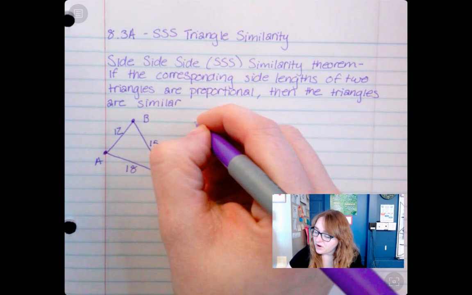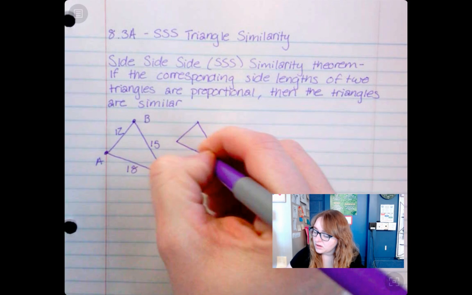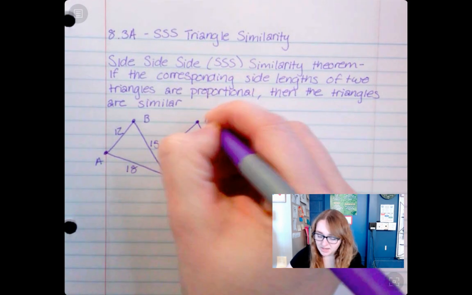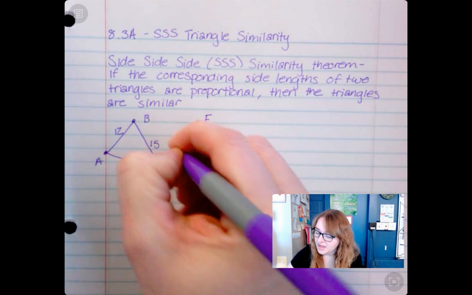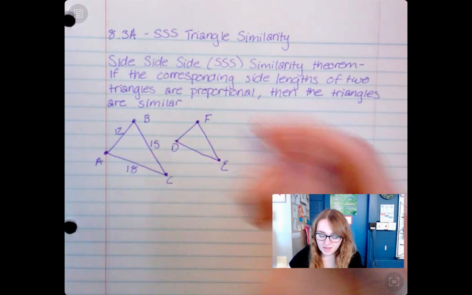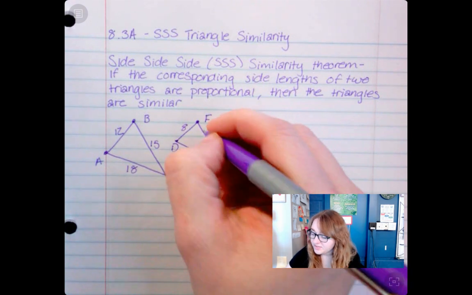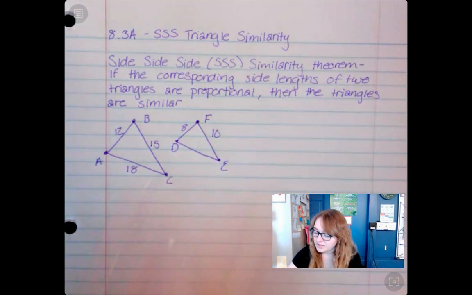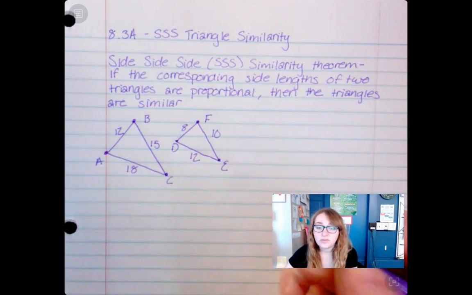Then we're going to have our second triangle with points F, E, and D. D to F is 8 units, F to E is 10 units, and D to E is 12 units.